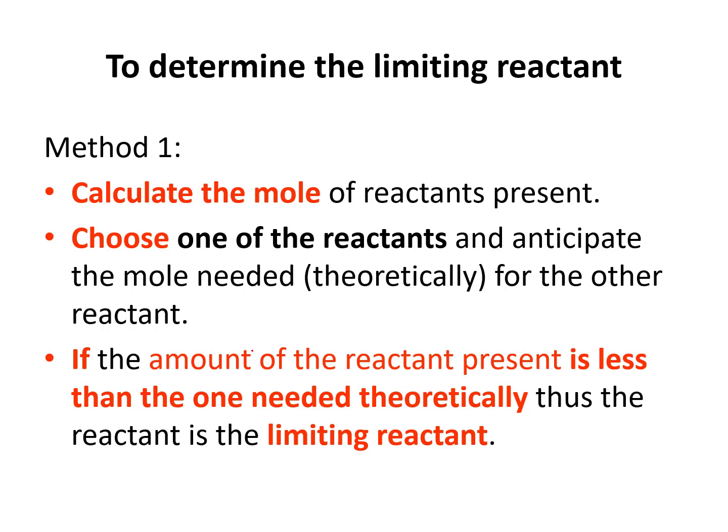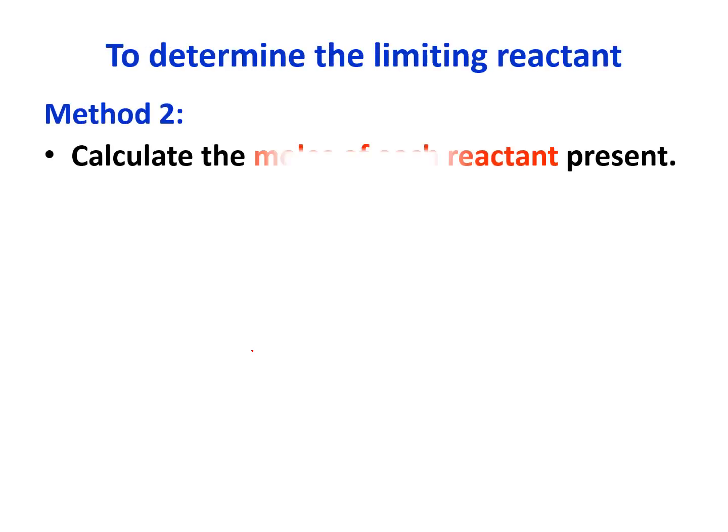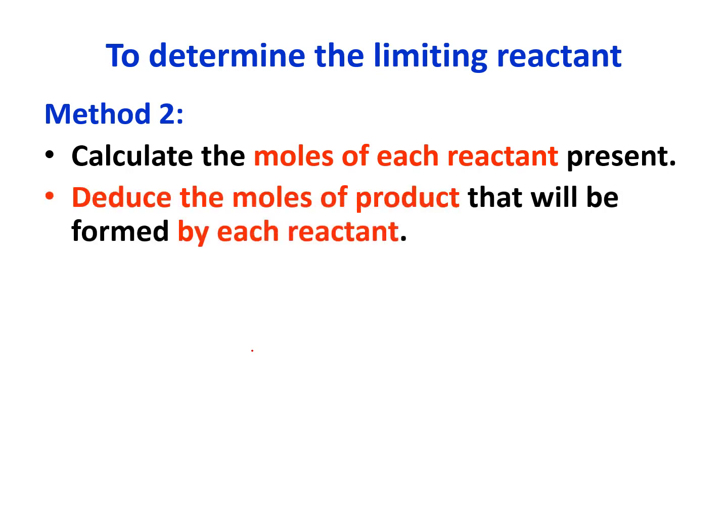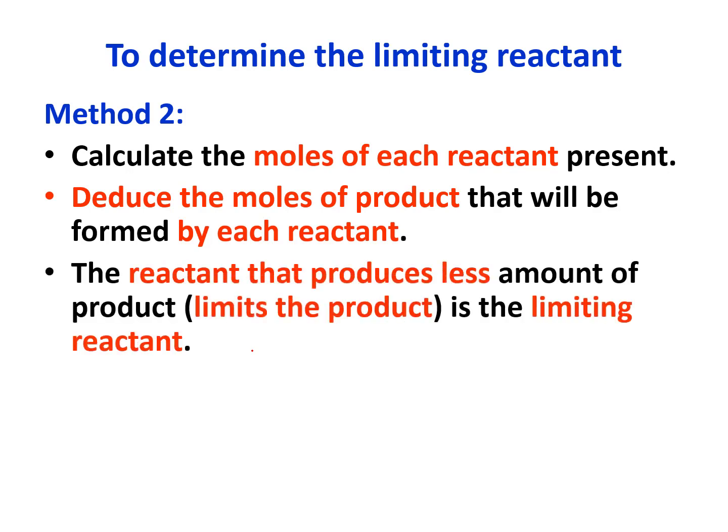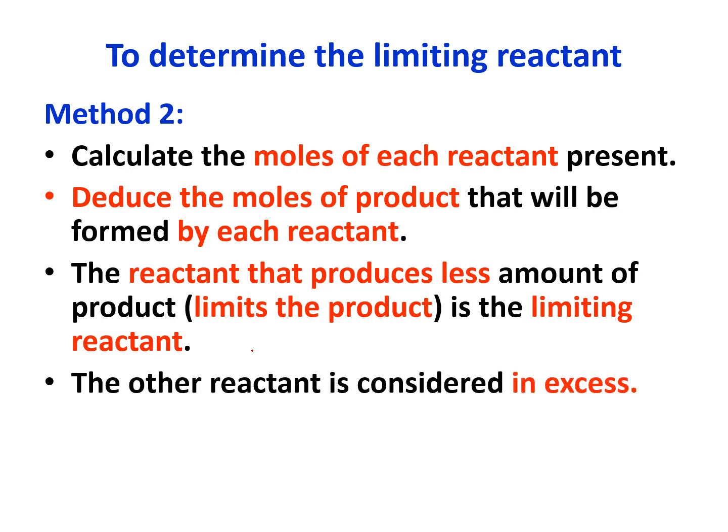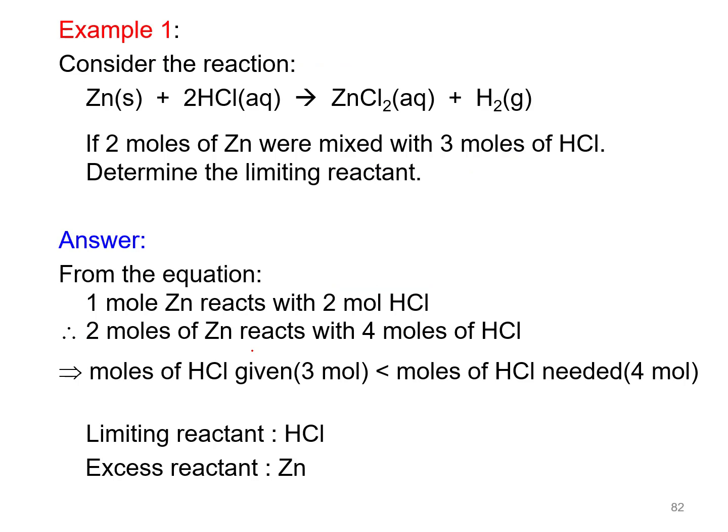If the amount of the reactant present is less than the one needed theoretically, then that reactant is the limiting reactant. Method 2, you calculate the moles of the reactants present. After that, deduce the moles of product that will be formed by each of the reactants. Then the reactant that produces the lesser amount of product is the limiting reactant. The other reactant is considered in excess.